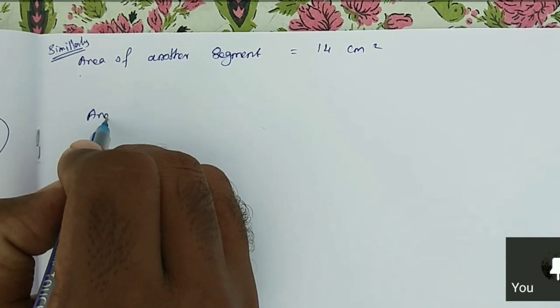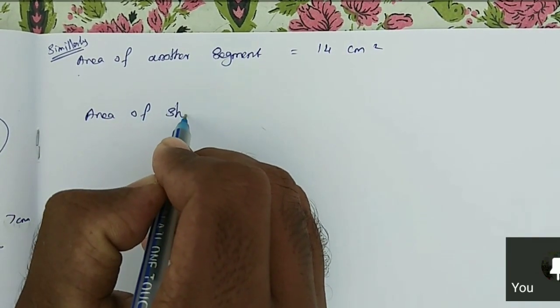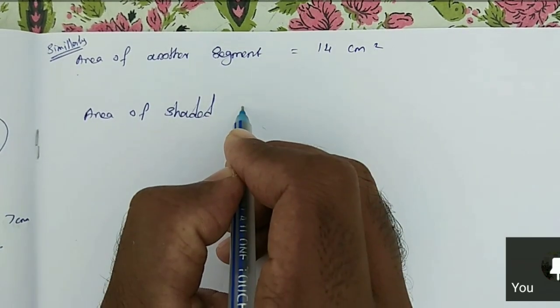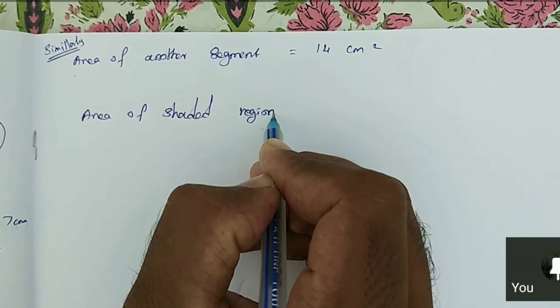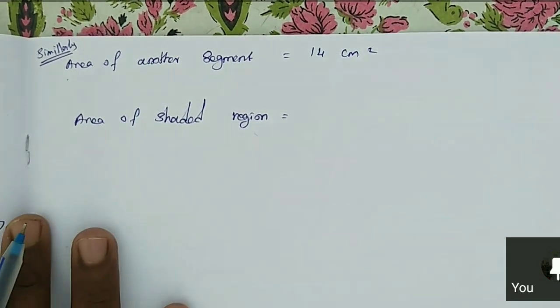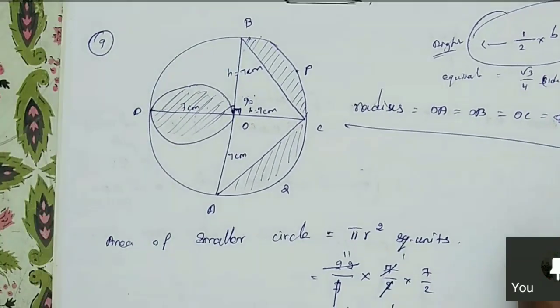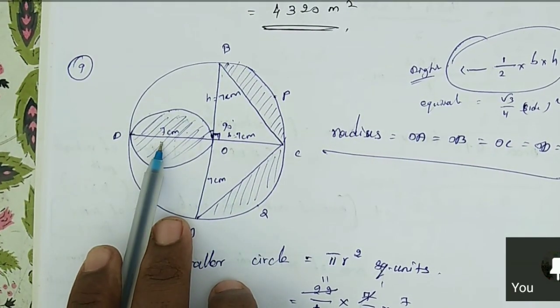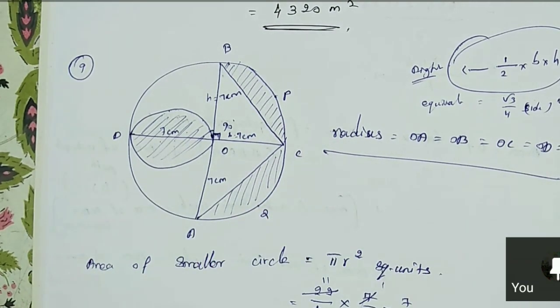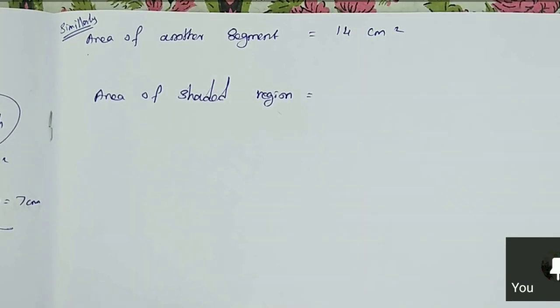So we can find the area of the shaded region equal to what? Shaded region is the area of the smaller circle plus area of the two segments, right? Yes.